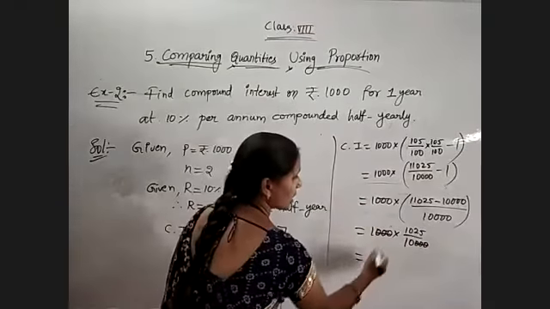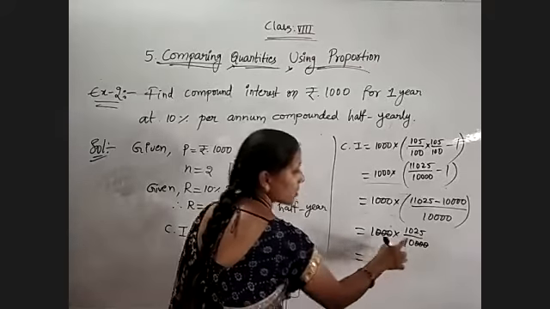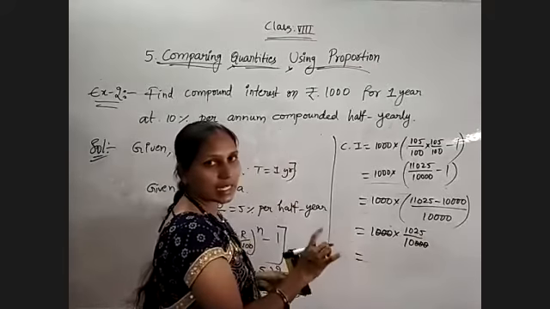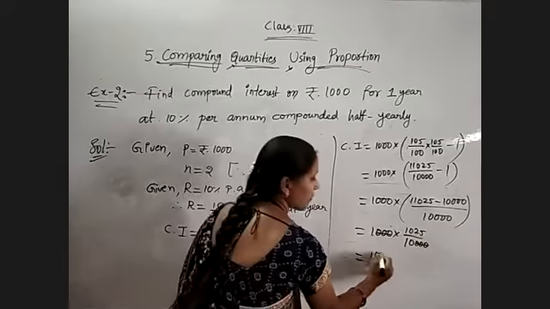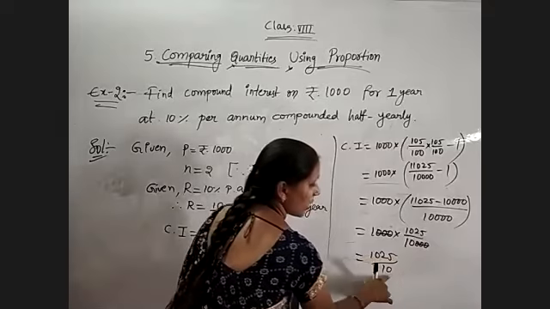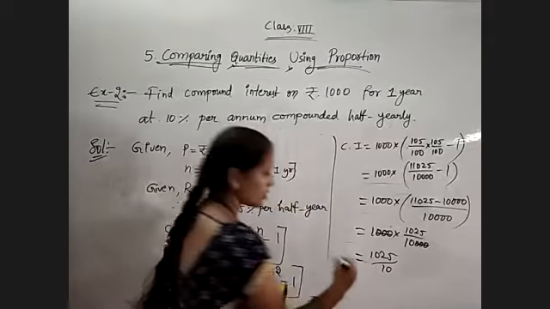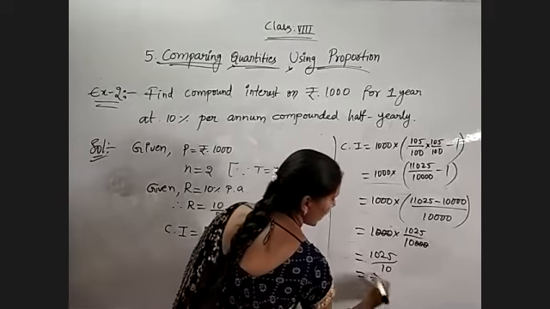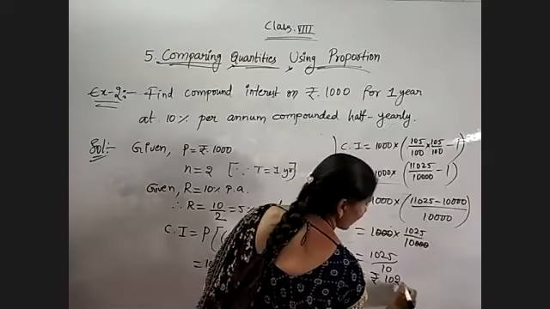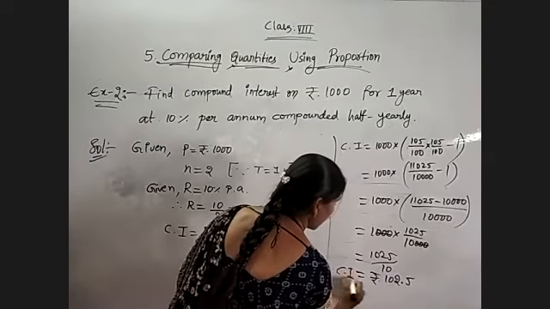Now how much amount is there? 1,025 by 10, that is nothing but a decimal fraction. So 1 decimal digit we will get, because we have 10 in the denominator. So 102.5 is the compound interest.